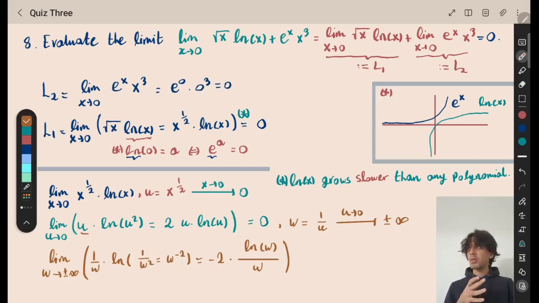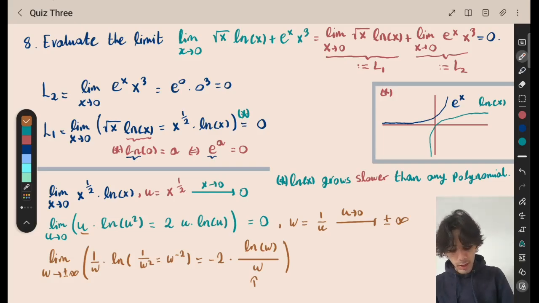When I say it goes to 0 faster, maybe that doesn't make much sense. But here, if I say going to plus or minus infinity, and we know that ln of x grows slower than any polynomial, and this is clearly a polynomial, I mean it's a degree 1 monomial, but it still grows faster than ln of w.